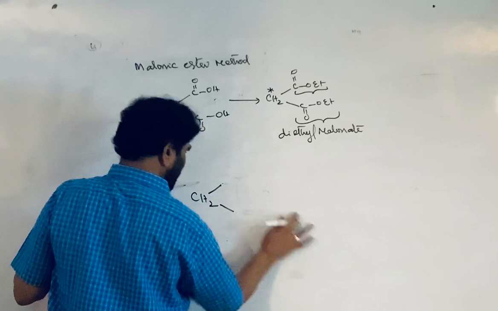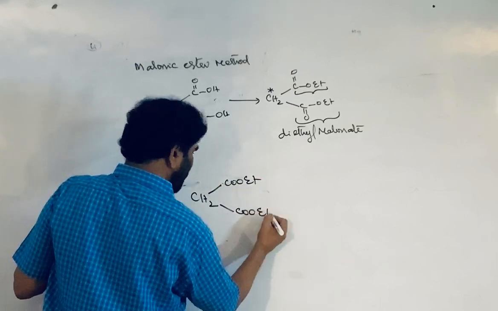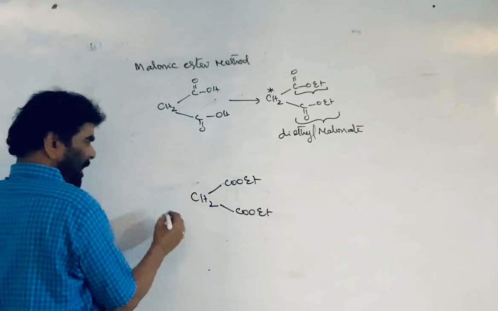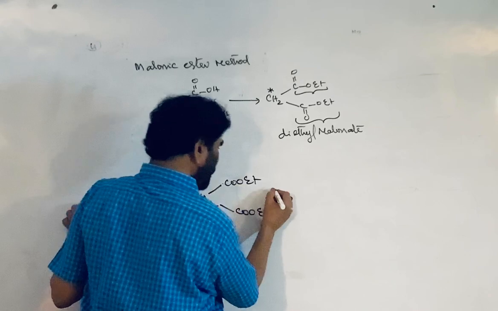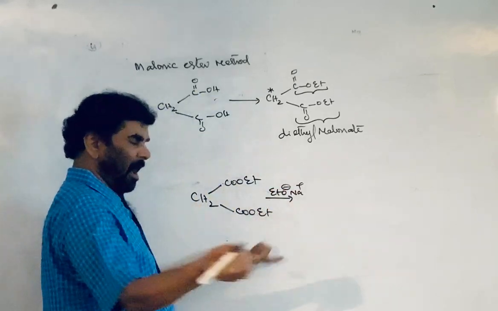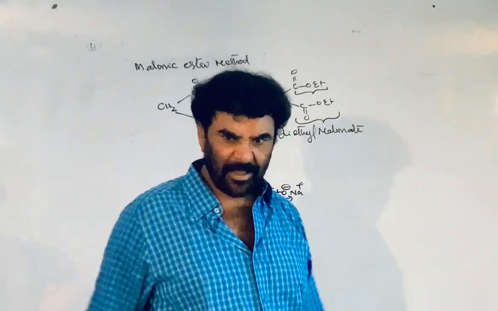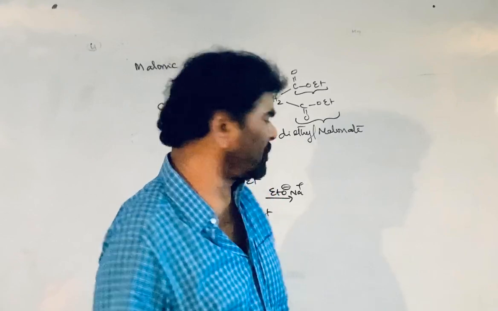Similarly, here also it is COOEt. This is the active hydrogen. What they do is, it is treated with sodium ethoxide as a base. Alkoxide instead of hydroxide: the hydrogen is removed and the ethyl group is introduced.